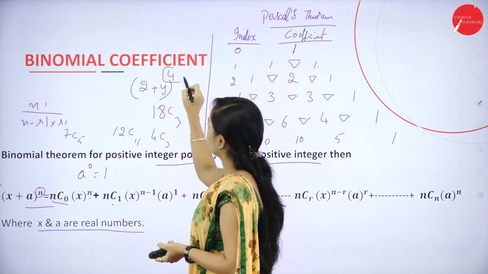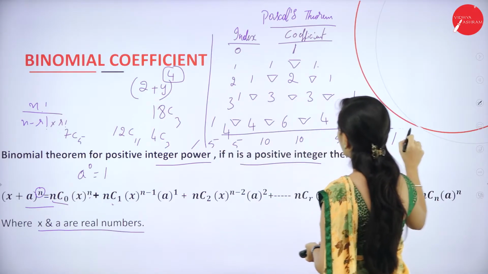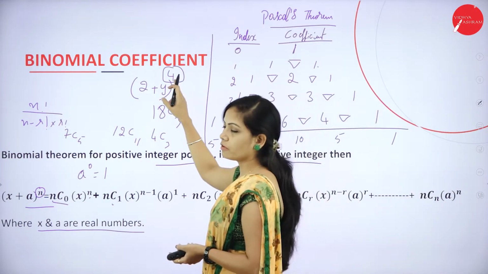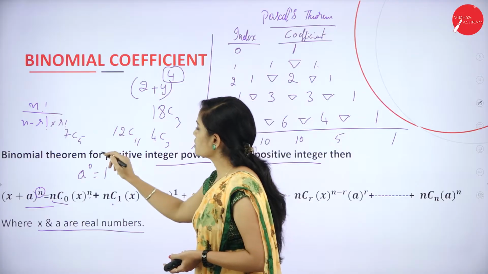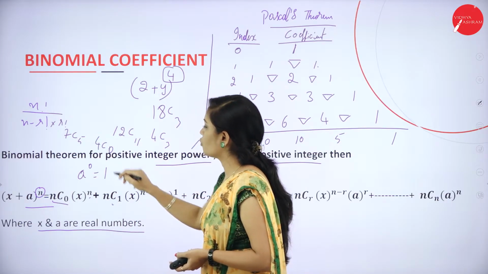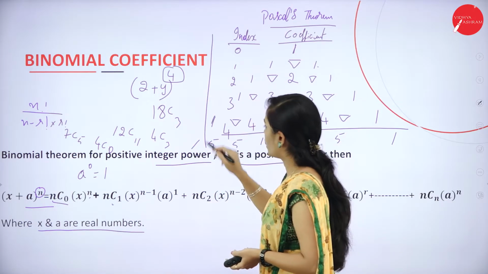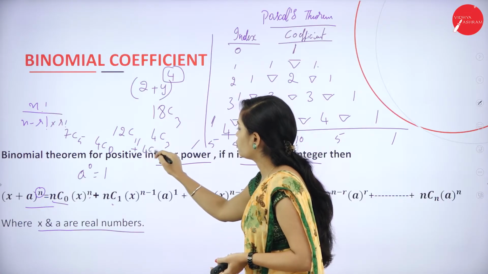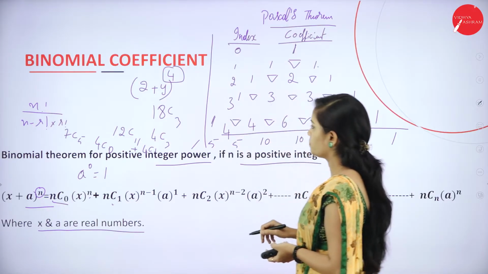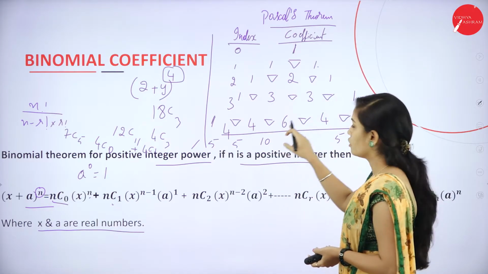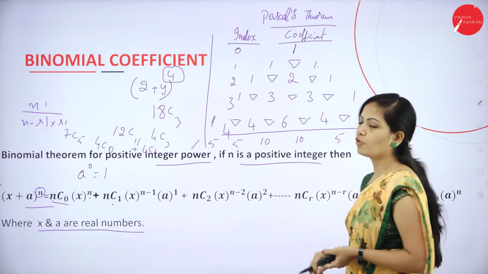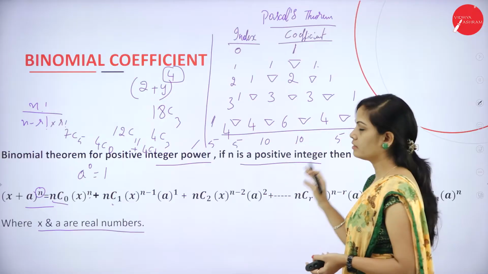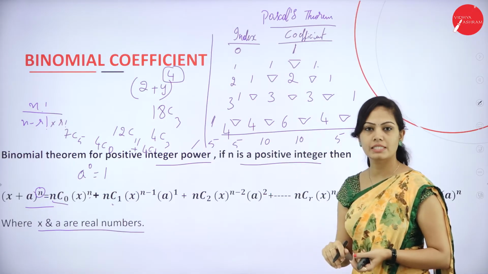If your power value is 4, you can use this row: 4C0 is 1, 4C1 is 4, 4C2 is 6, 4C3 is 4 and 4C4 is 1. Like that you can find the values of combinations using Pascal's theorem.